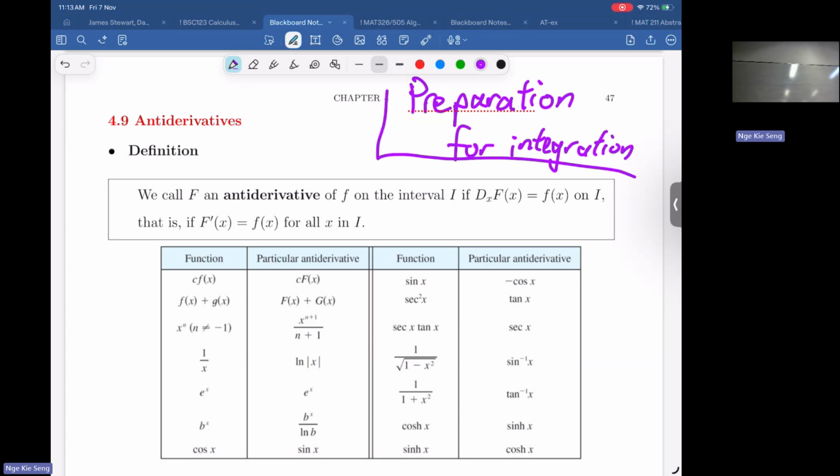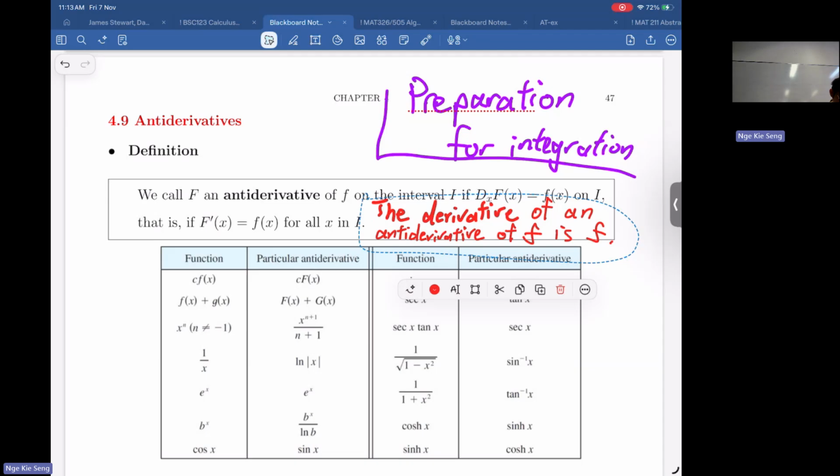Let me write it down. The derivative of an antiderivative of f is f. You can memorize this slogan.